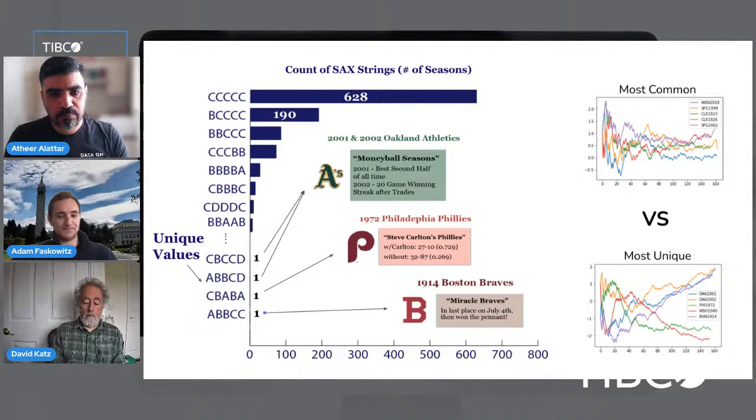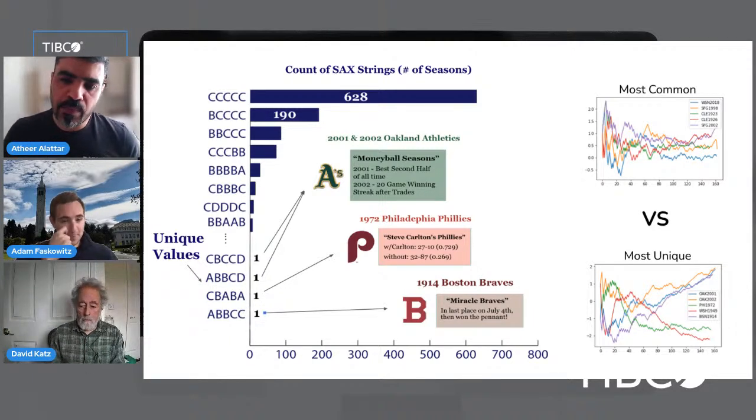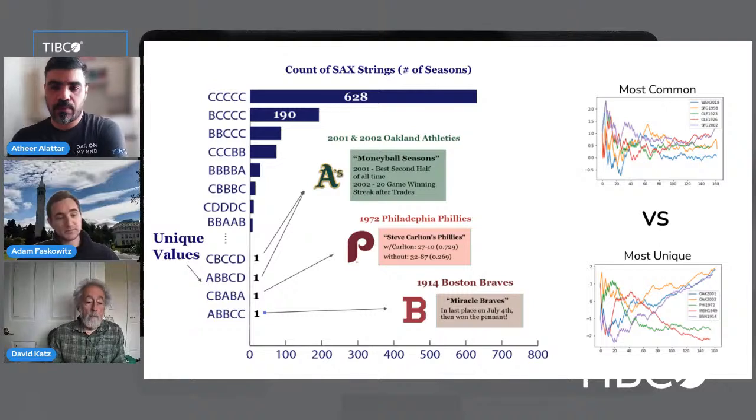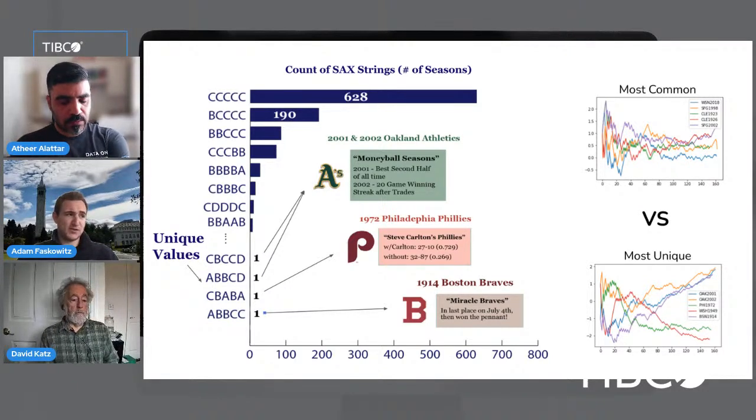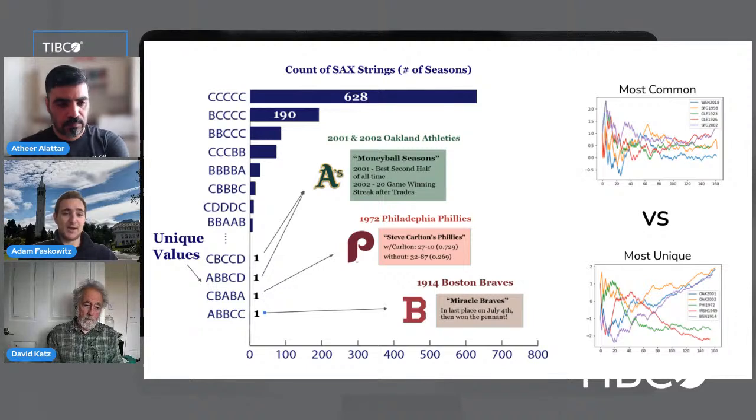And then I have a question about the implementation. Are there any ready-to-consume packages where you can implement the SAX algorithm, or do you need to write everything from scratch? Well, in our TIBCO Data Science Team Studio product, there is a SAX encoding operator that I used to help create this.